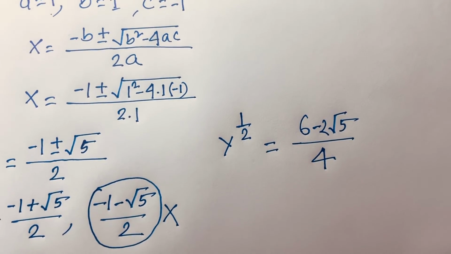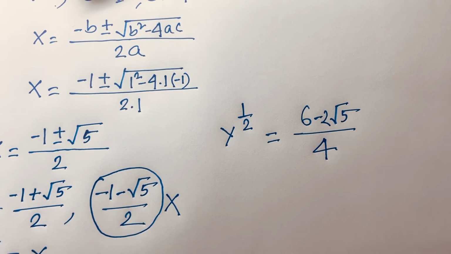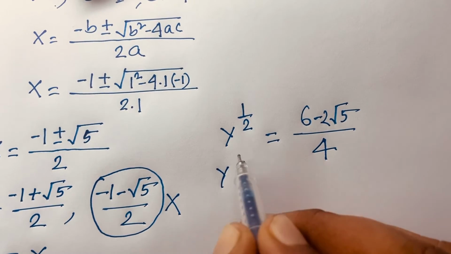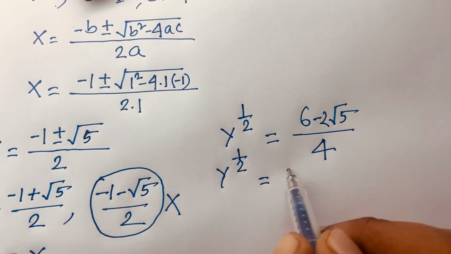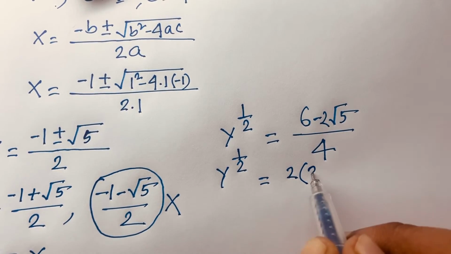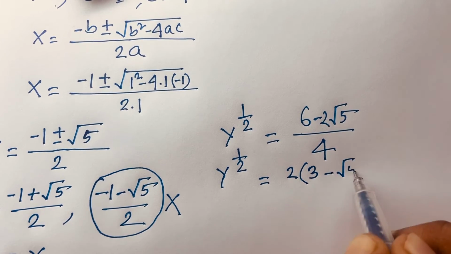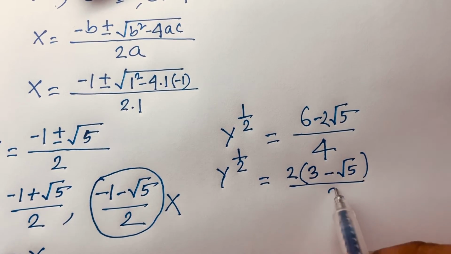Then y to the power half is equal to, here 2 is common, so 2 times 3 minus square root 5 over 4.